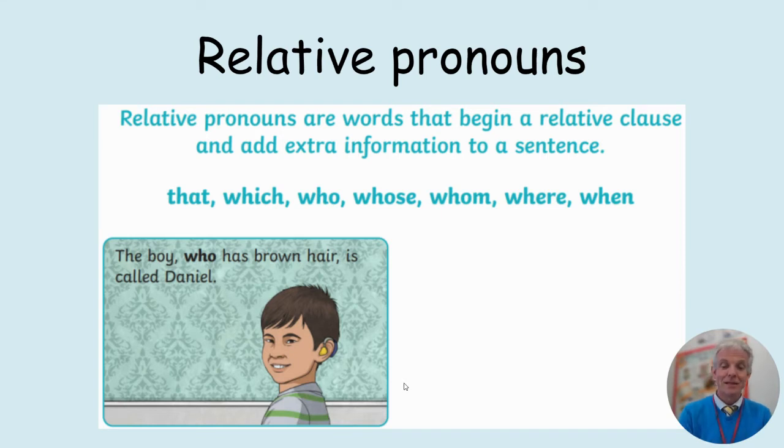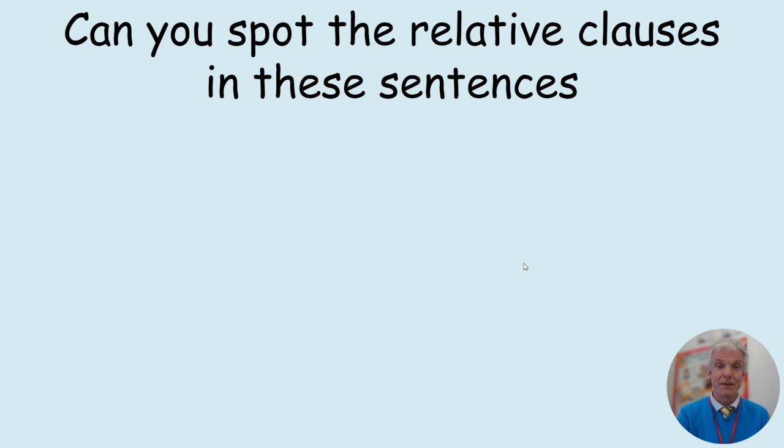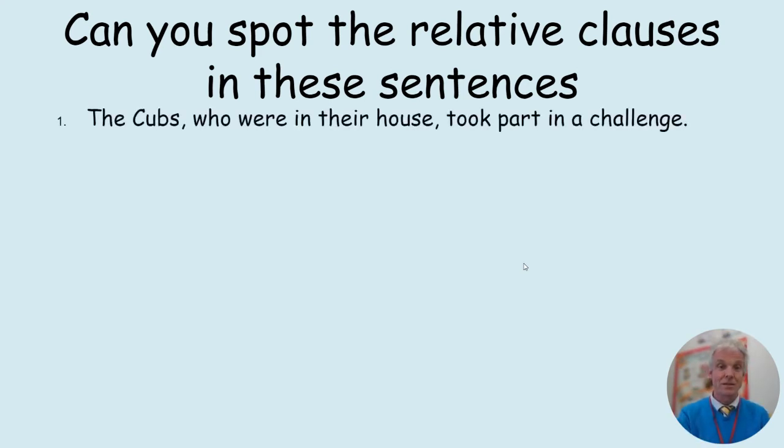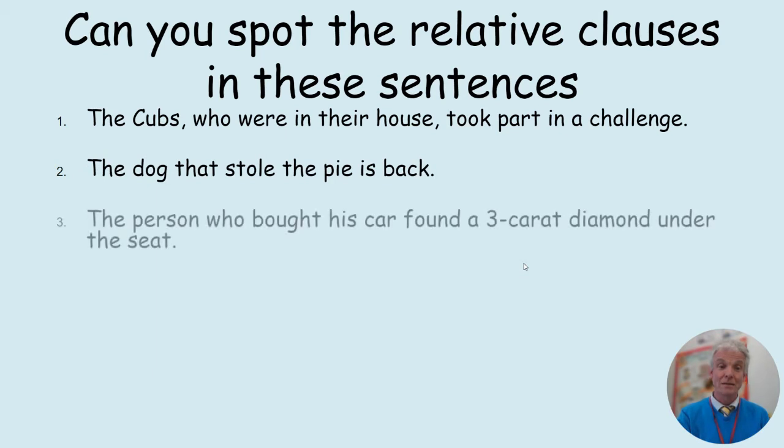Right. Let's just try a few together just to make sure we've got it. Can you spot the relative clauses in these sentences? The first, the cubs who were in their house took part in a challenge. The dog that stole the pie is back. The person who bought his car found a 3-carat diamond under the seat.